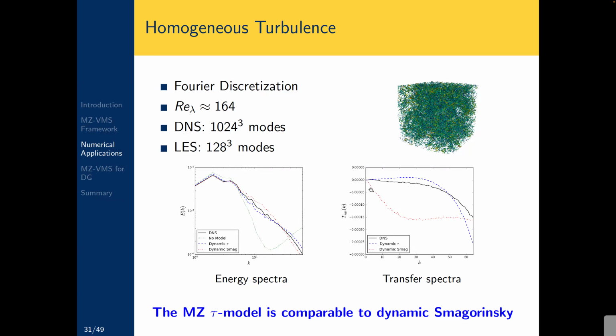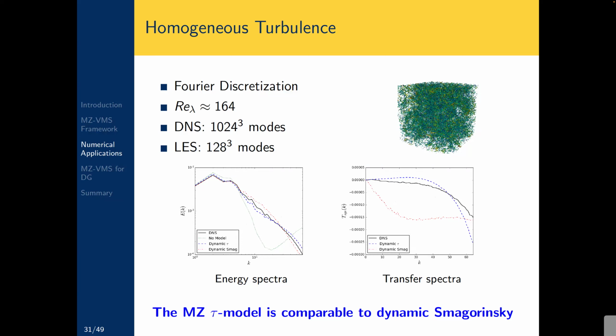And you compare that to, say, dynamic Smagorinsky, which is just purely dissipative across all wave numbers. So for this example, we find that this MZ process does a lot better than dynamic Smagorinsky in terms of how energy is being transferred. So with the solutions, we're probably getting the right answer for more of the right reason.